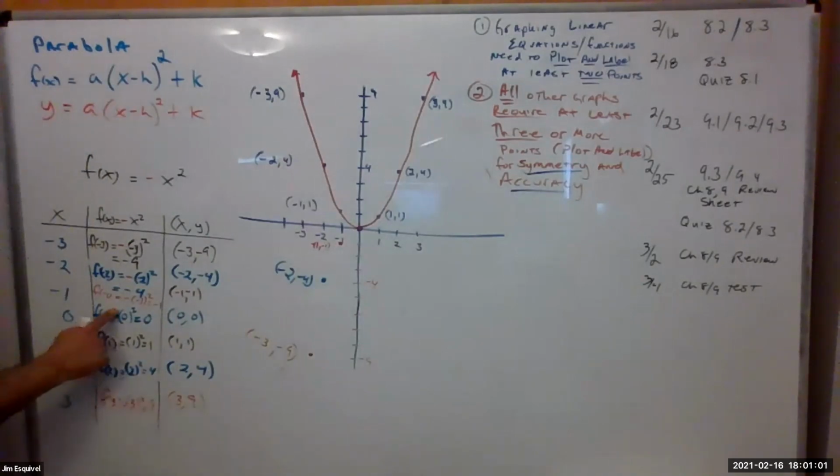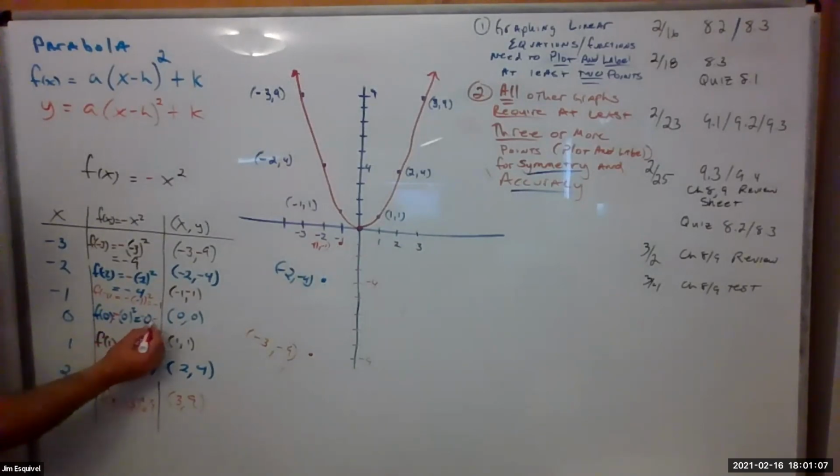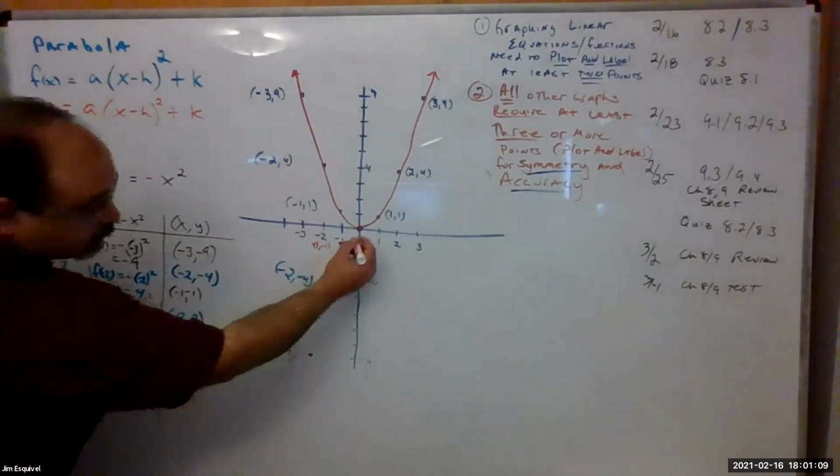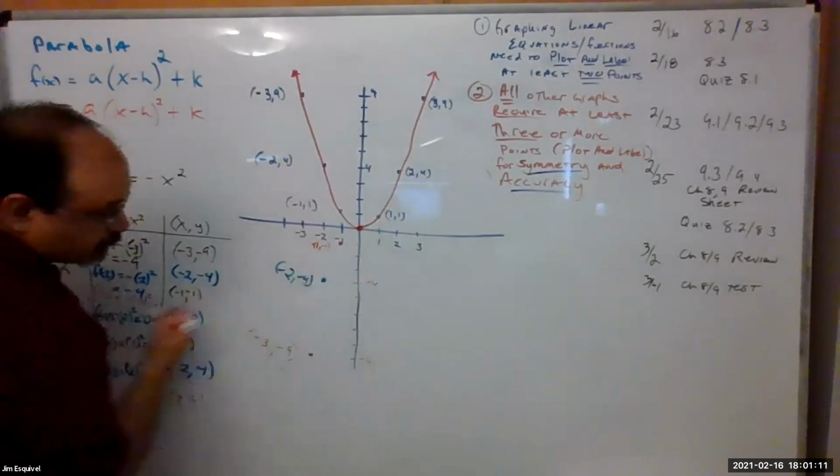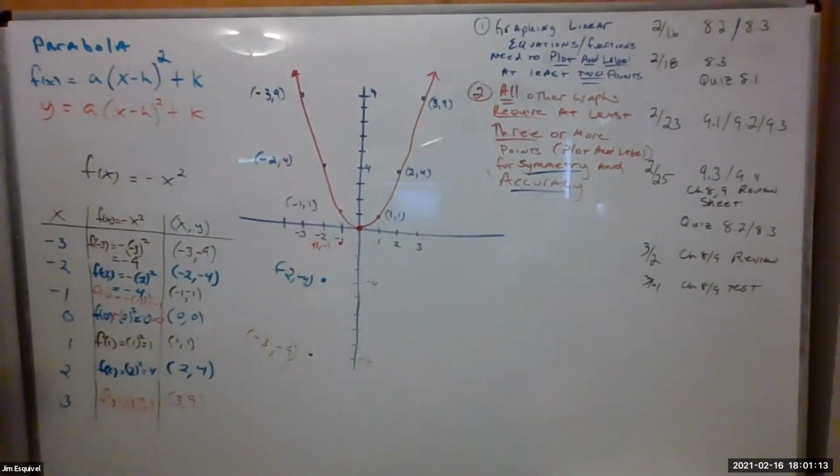Now, does it change anything when you plug in 0? No, because the opposite of 0 is still 0. But all that's going to happen over here when we plug in these, there's going to be a negative in front of the answer.